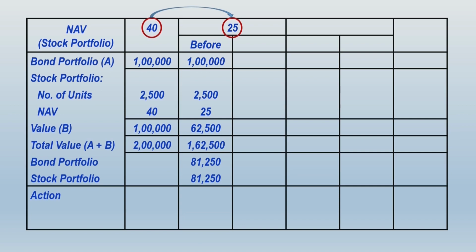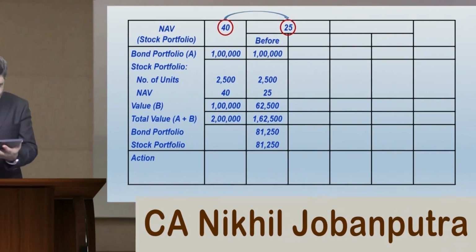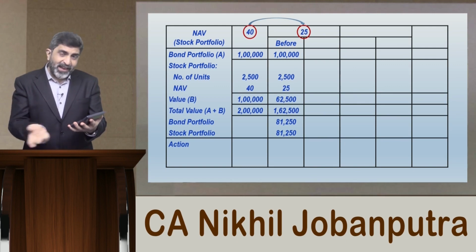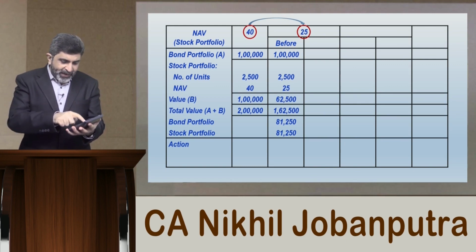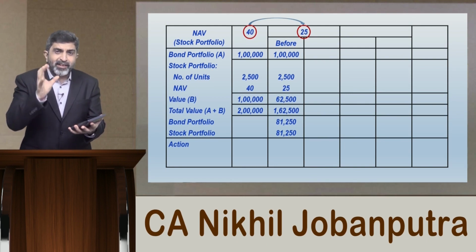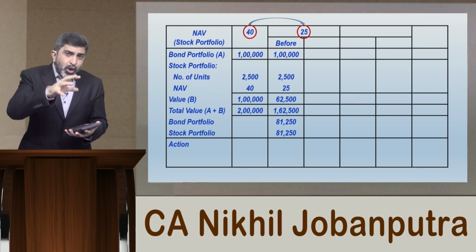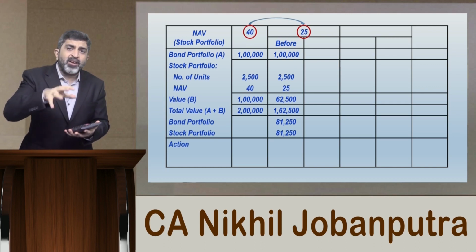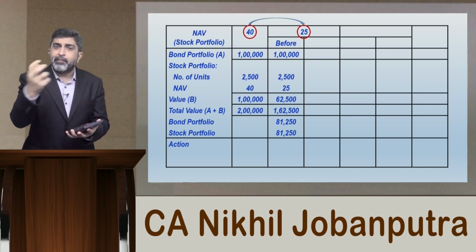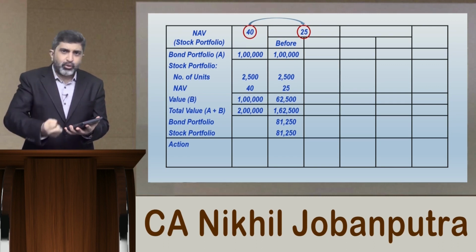So I am going to again show you this calculation on my calculator over here. 1 lakh was lying in bonds, and the revised amount of investment in bonds is going to be 81,250. That difference comes to 18,750. So I am going to sell some bonds worth rupees 18,750, and with that I will be buying these equity oriented mutual fund units.